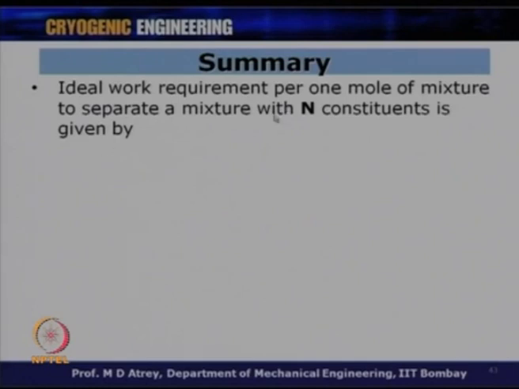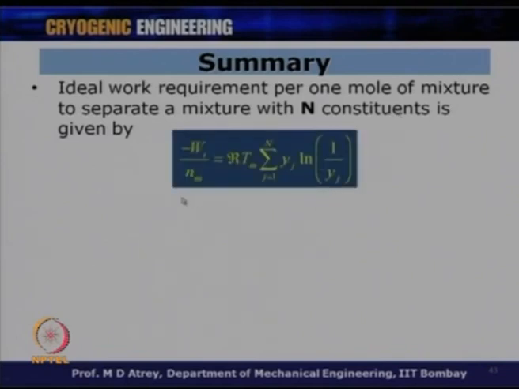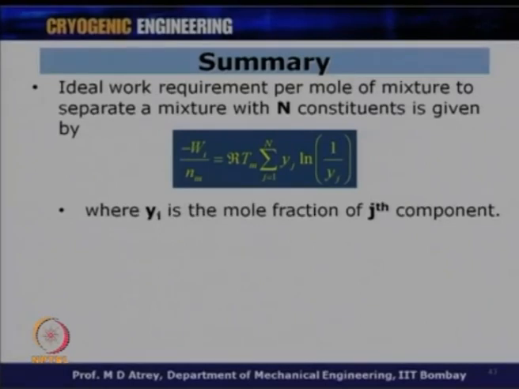The ideal work requirement per mole of gas mixture to separate a mixture with n constituents is given by this general formula: Wi by Nm is equal to RTm sigma Yj into log of 1 by Yj, when j goes from 1 to n constituents. For n equal to 2, where A and B are the two gases, it is Ya log 1 upon Ya plus Yb into log 1 upon Yb, where Yj is the mole fraction of the jth component.